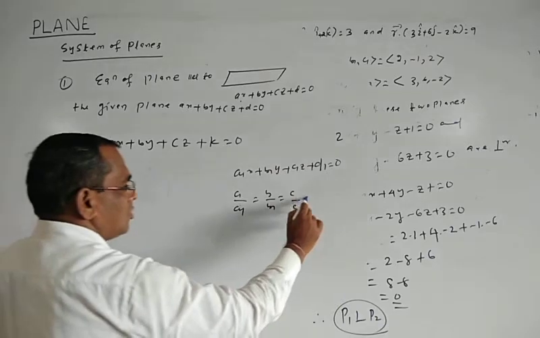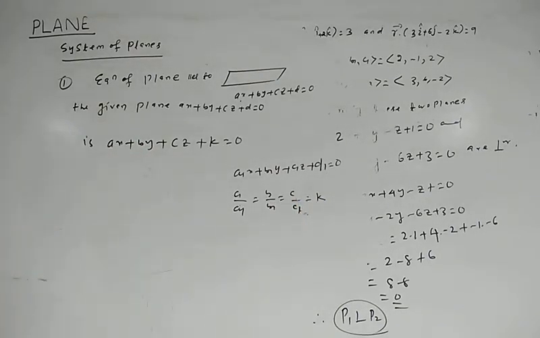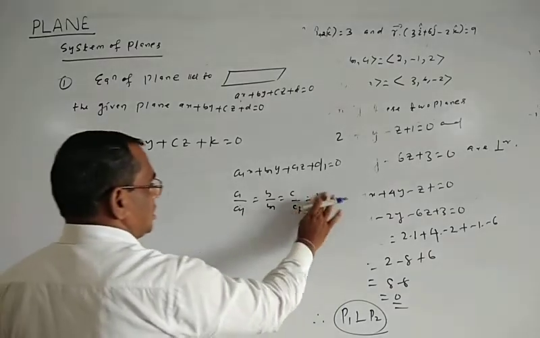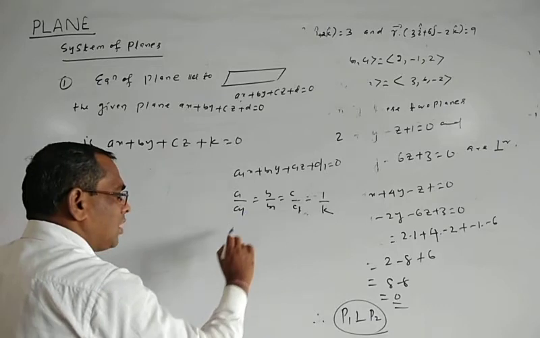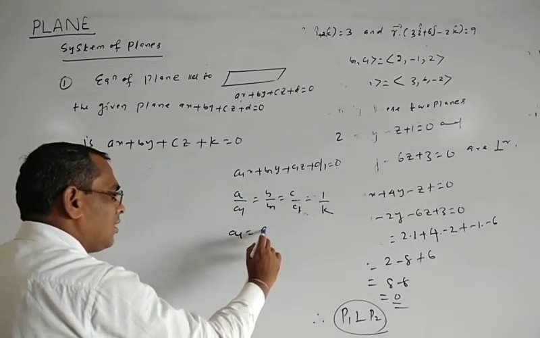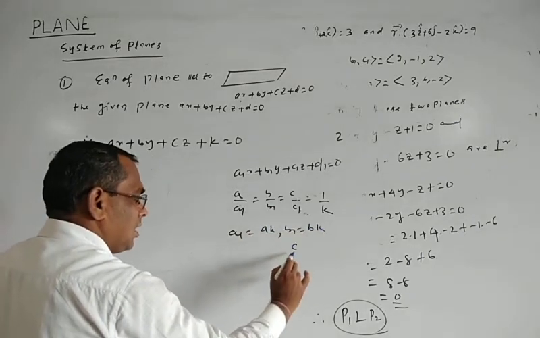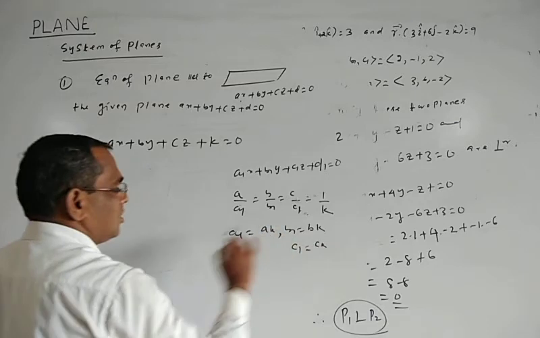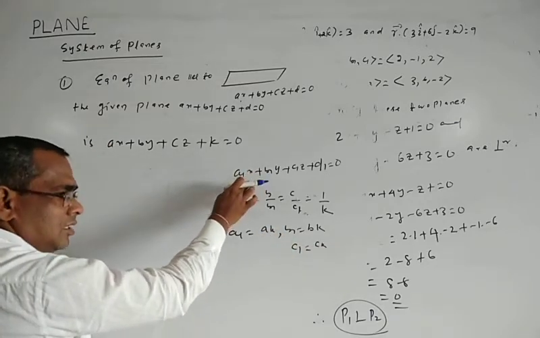Suppose its value is equal to k, or we take this as 1 by k. That implies a1 is equal to ak, b1 is equal to bk, and c1 is equal to ck.